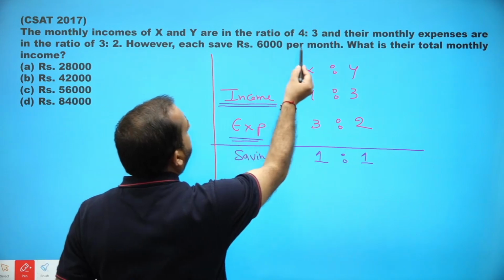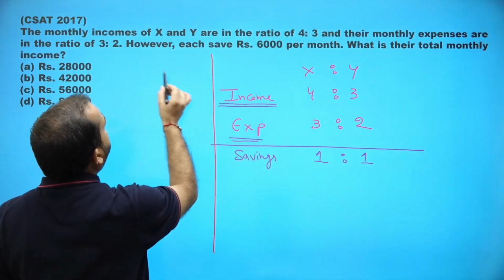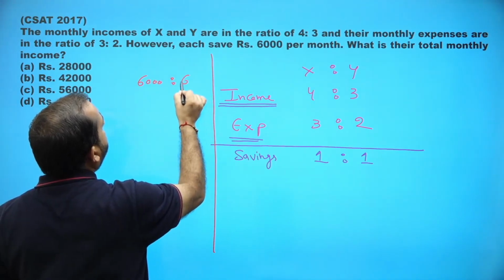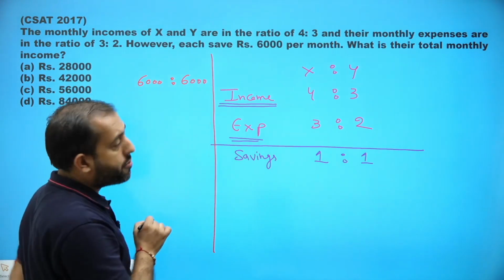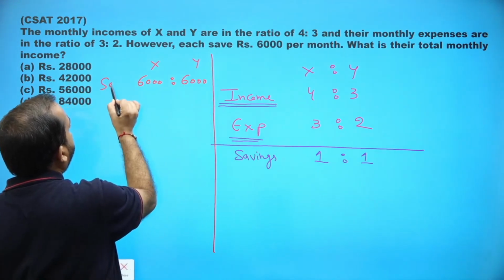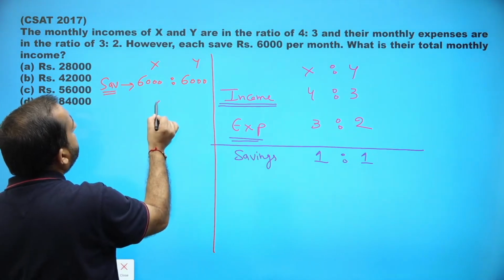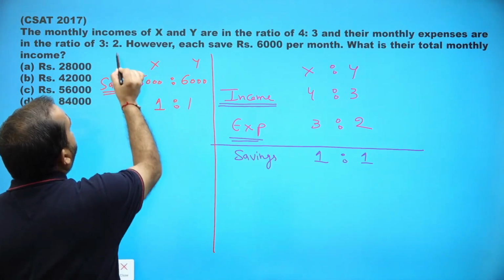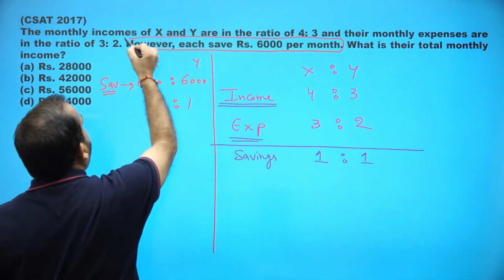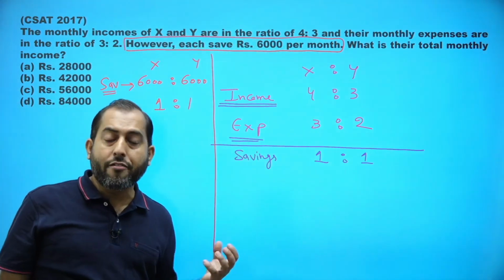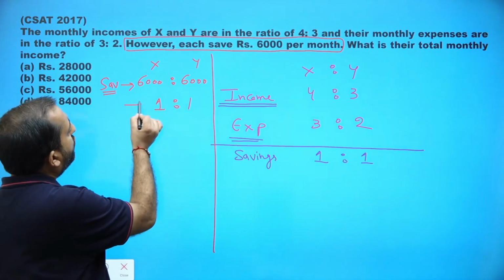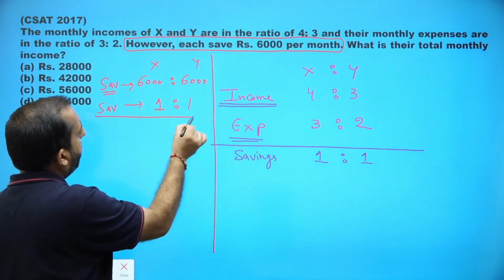Along with that, it is given that each saves 6,000 rupees per month. X is saving 6,000 rupees, Y is saving 6,000 rupees. So what is the ratio of their savings? The ratio of savings was not given to us directly, but indirectly, when we calculate it, it comes out to be 1:1.